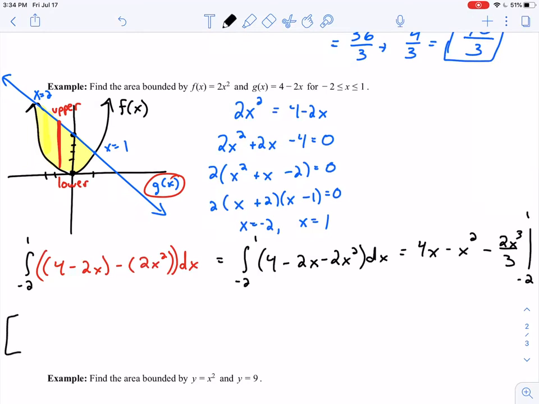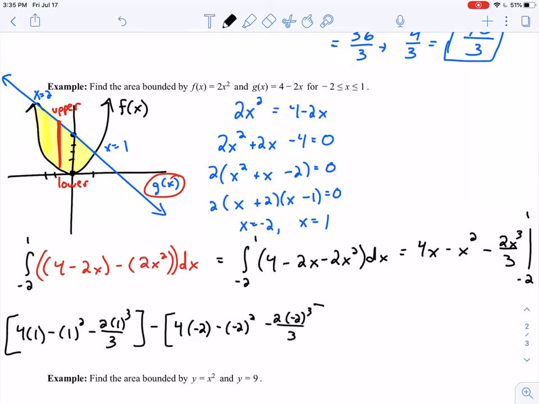So let's see, I have 4 times 1 minus 1 squared minus 2 times 1 to the third over 3, minus 4 times negative 2 minus negative 2 squared minus 2 times negative 2 to the third, all over 3.